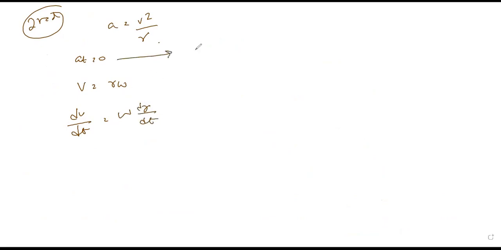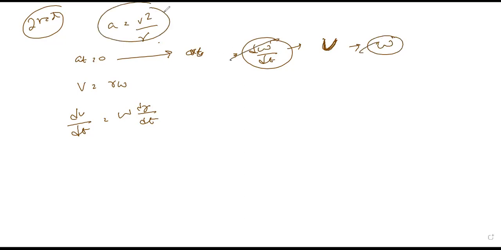Remember, in the derivation of AT, we differentiated omega with respect to dt because the v was changing. If v is changing, the angular velocity must change. But in this case, we assumed previously that the speed and the angular velocity are constant.